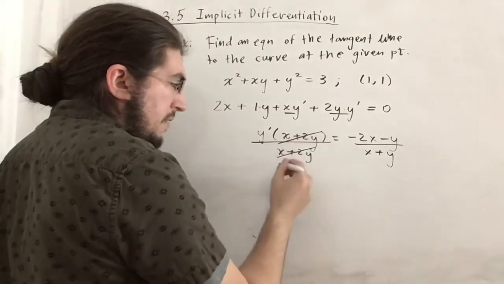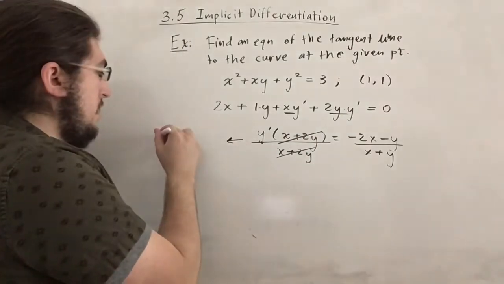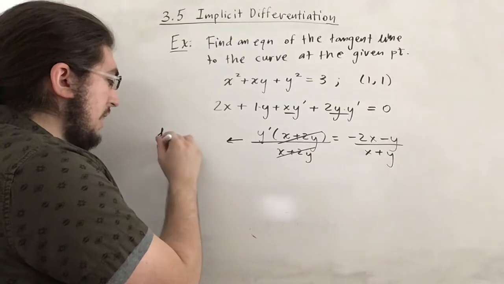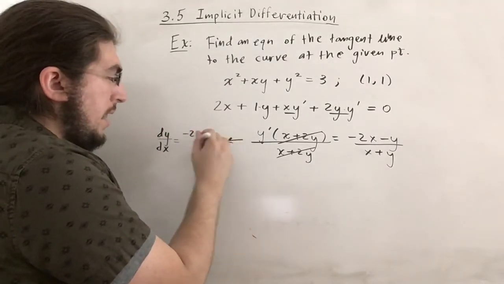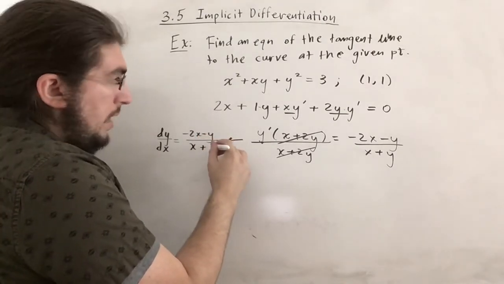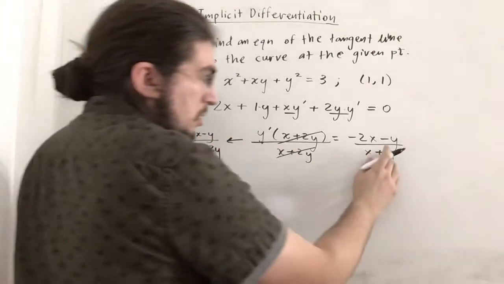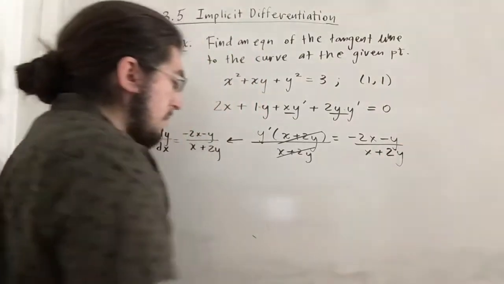So now we have y prime, which again is just dy/dx. So let me write that over here. We found out that dy/dx is equal to negative 2x minus y over x plus 2y. So I missed a 2 here when I rewrote it. But anyways, there we go.